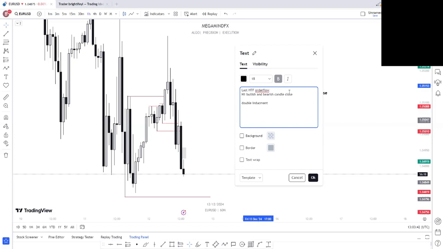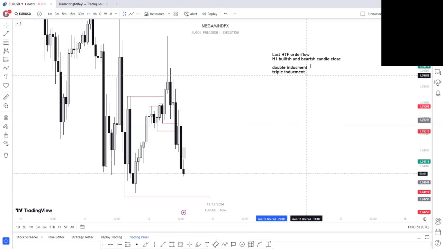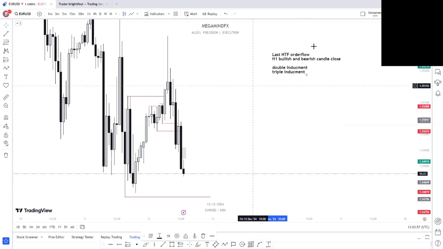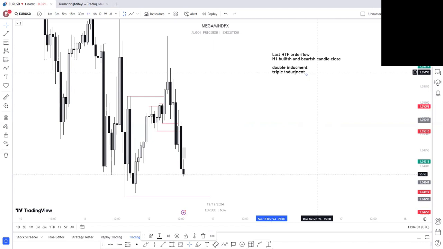So I have the double inducement and triple inducement. These are basically what I consider before taking a trade. Before I look for this, I mark out all the highs and lows I can find on the H1.